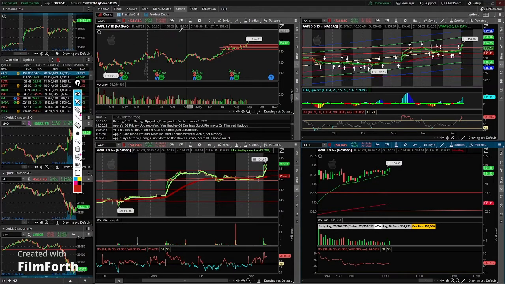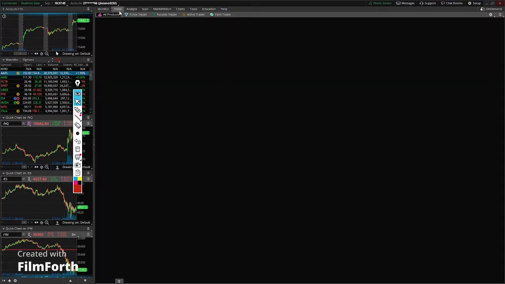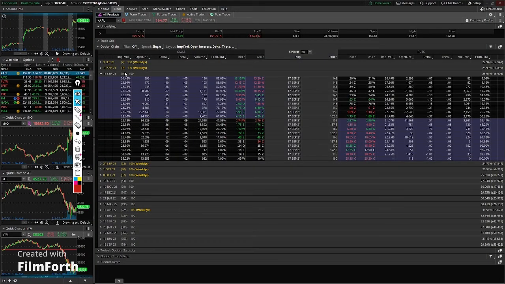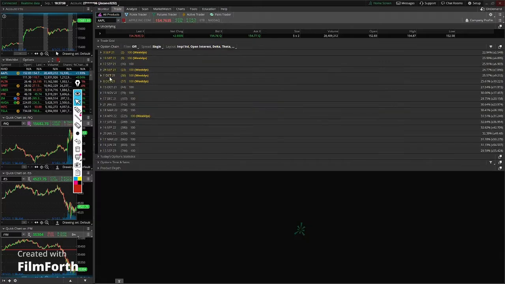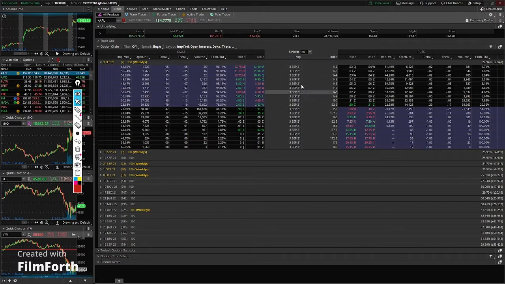So on Thinkorswim, when you want to trade an option, you want to come here to the trade tab. Under the trade tab, it's going to give you each week for the weekly options and so on and so forth. You can put your strike price to whatever you want.